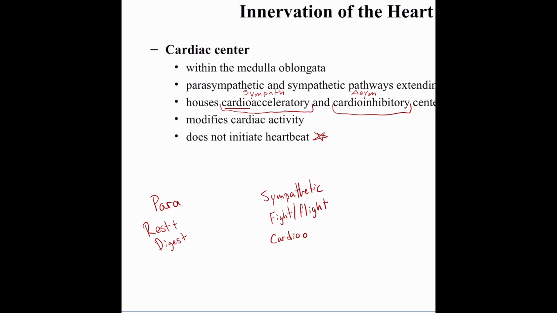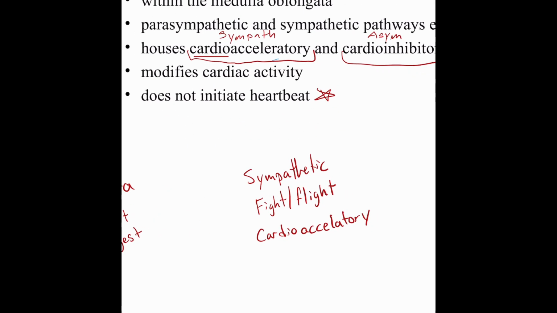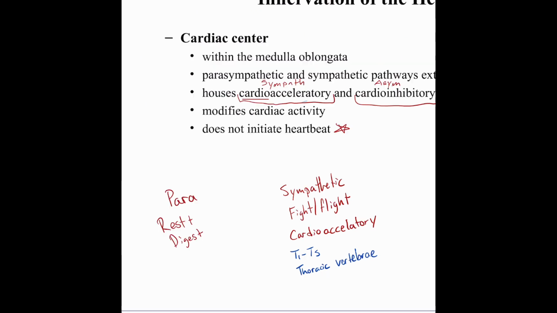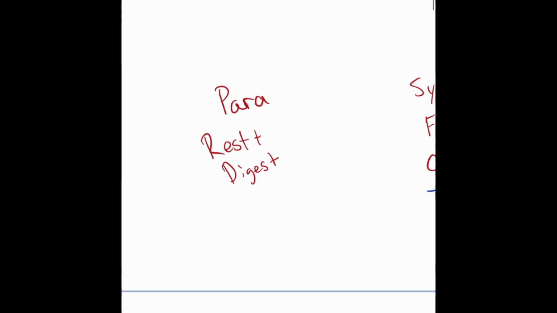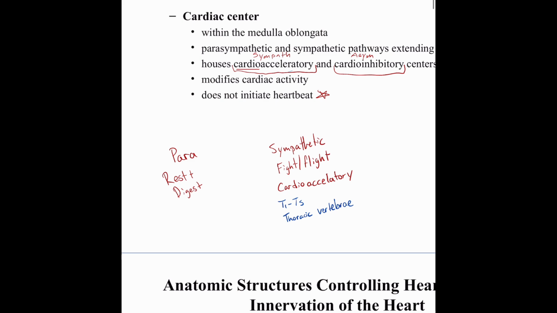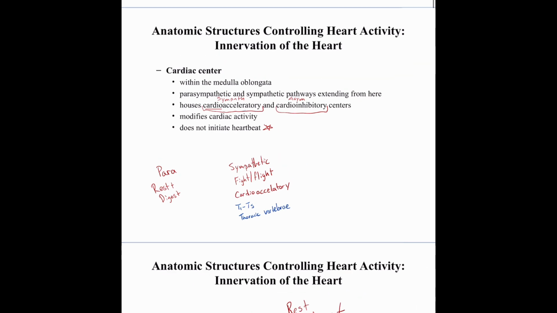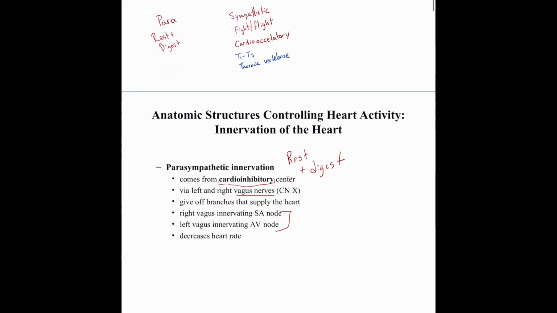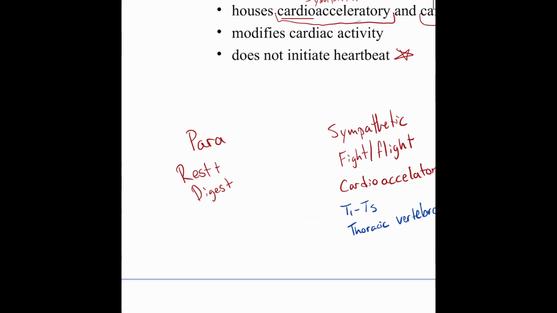I believe this is T1 to T5, which is your thoracic vertebrae, so it comes from your thoracic vertebrae. And this one comes from, I believe, your vagus nerve. If I'm not mistaken, I just want to double check. Yes, your vagus nerve, cranial nerve 10.